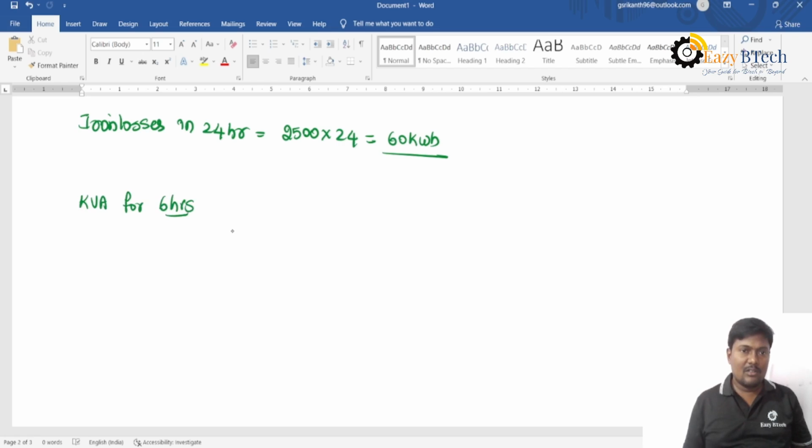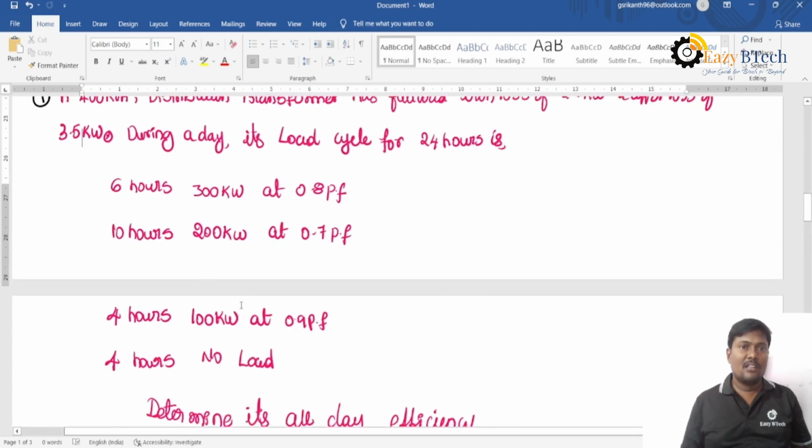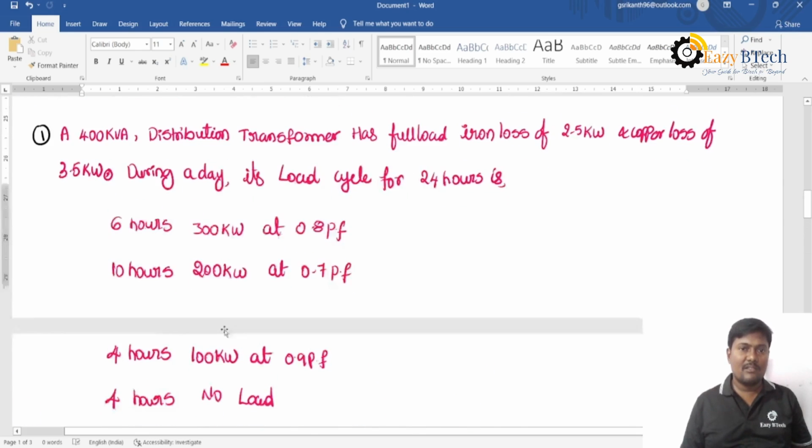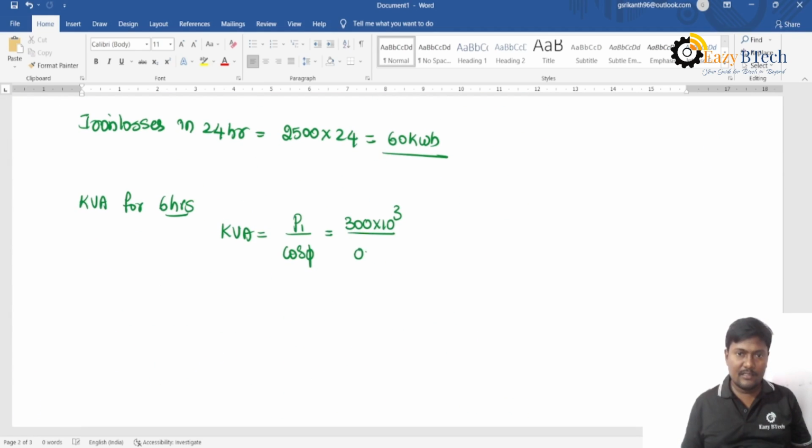So 300 kilowatts: kVA is equal to power divided by cos phi, P1 divided by cos phi, that is 300 into 10 to the power of 3 divided by 0.8, the power factor value given, that is equal to 375 kVA.